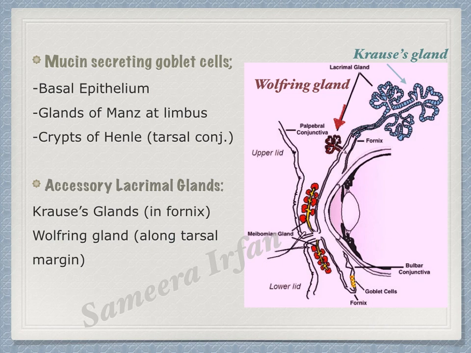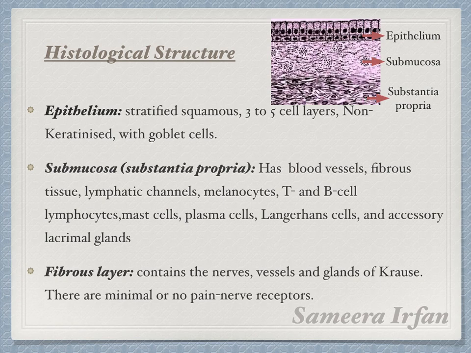as shown in the picture. Now, coming to the histological structure of conjunctiva, the epithelium has 3 to 5 cell layers, and it is mainly non-keratinized pseudo-stratified columnar epithelium with interspersed goblet cells.